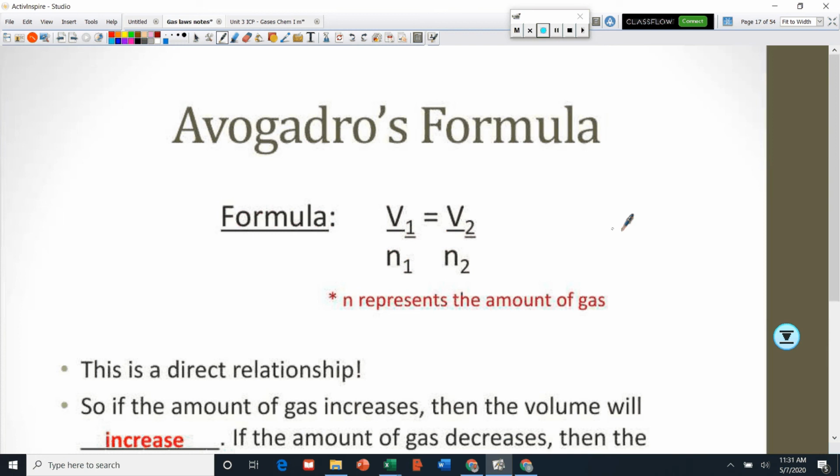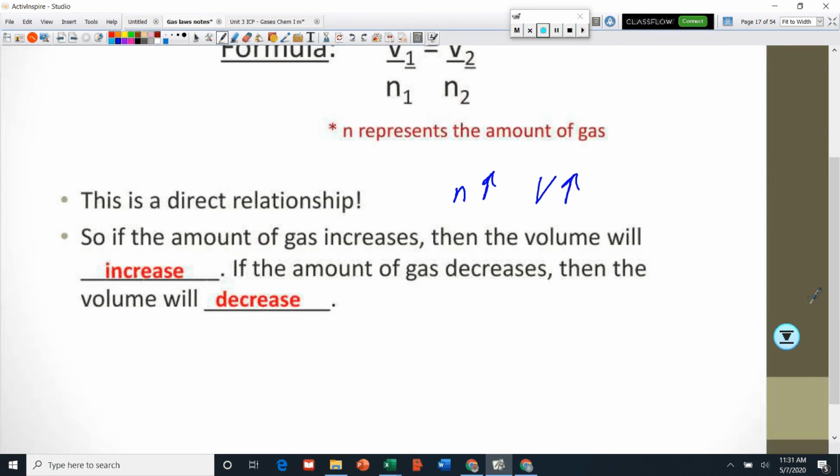This is a direct relationship. As moles increase, volume increases. If the amount of gas increases, then the volume will increase. If the amount of gas decreases, and by amount of gas I'm referring to moles, the volume will decrease.